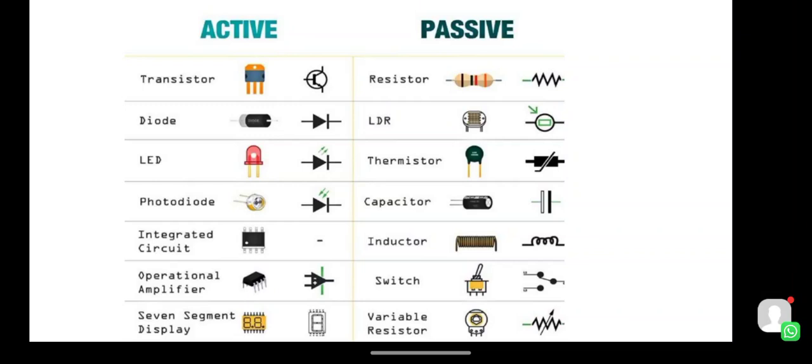For instance, we know that the transistor can be used as an amplifier, more precisely a current amplifier, whereas the passive components like the resistors, capacitors, the resistors basically dissipate the energy, the capacitors and the inductors are used to store energy for a small passage of time.